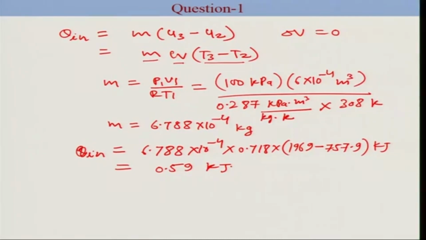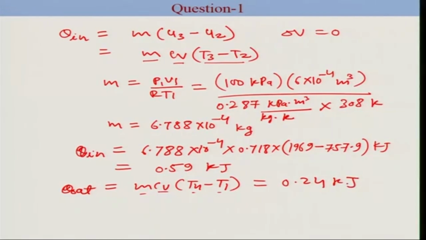Now, we need to know the thermal efficiency. For that we need to know the heat coming out of the cycle. So Q out will be equal to m Cv (T4 minus T1). We know m, we know Cv, and we know T4 and T1. After plugging these values here we get 0.24 kilojoule.